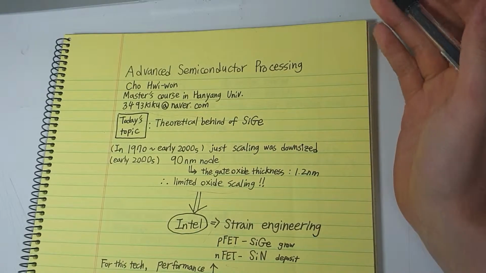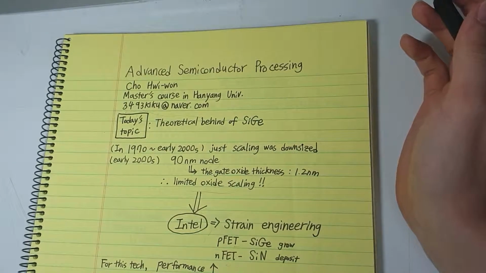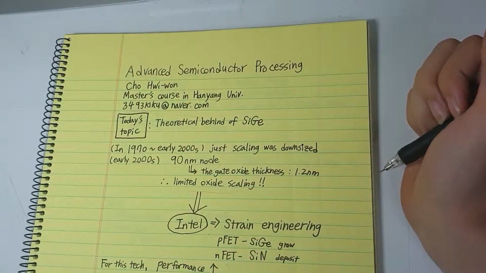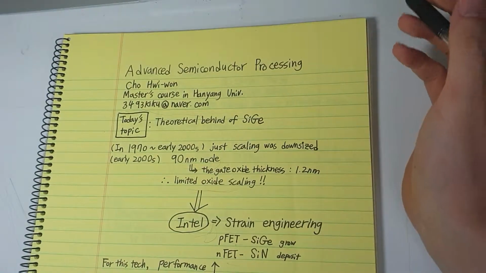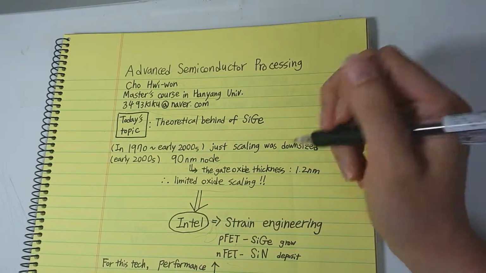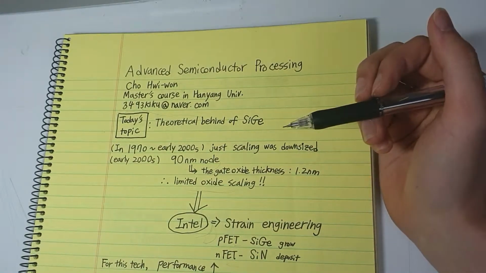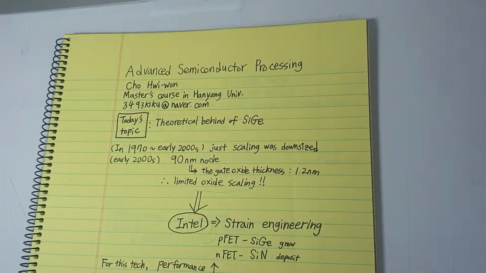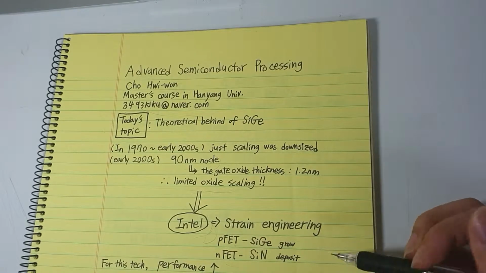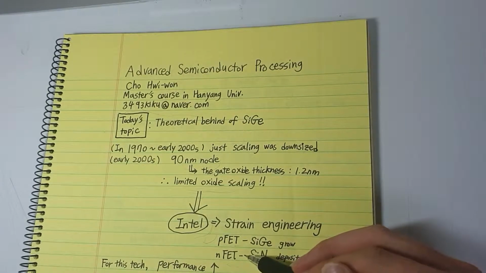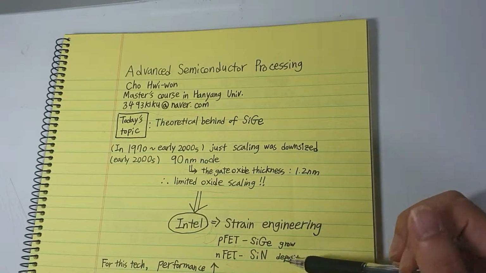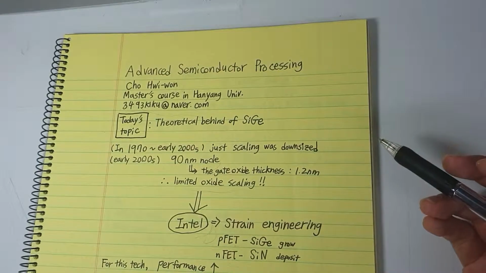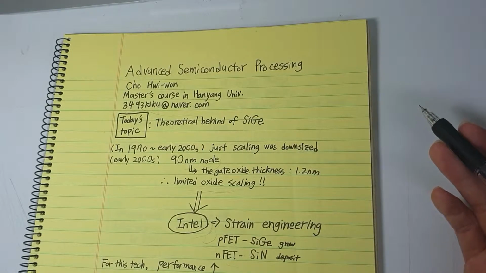But luckily, despite the limited oxide scale, the expected enhancement in transistor performance was obtained by Intel by introducing strain engineering for enhanced channel mobility. In this technology, silicon germanium source drain regions were selectively grown on PFETs for enhanced hole mobility, while silicon nitride was deposited on NFETs for enhanced electron mobility.